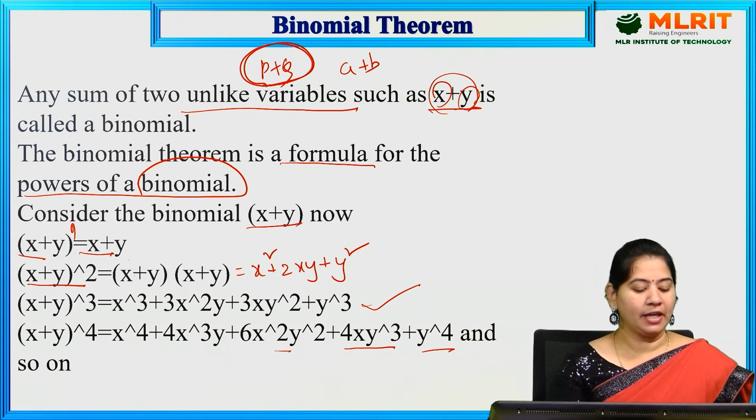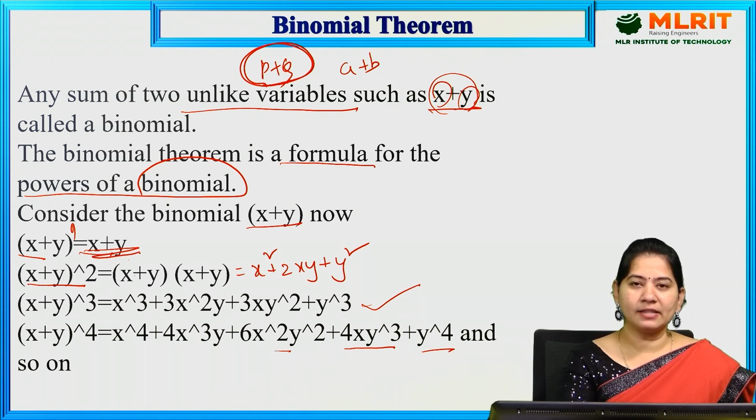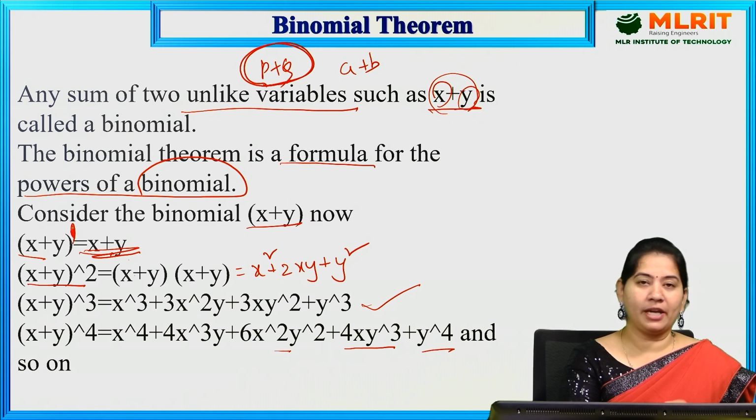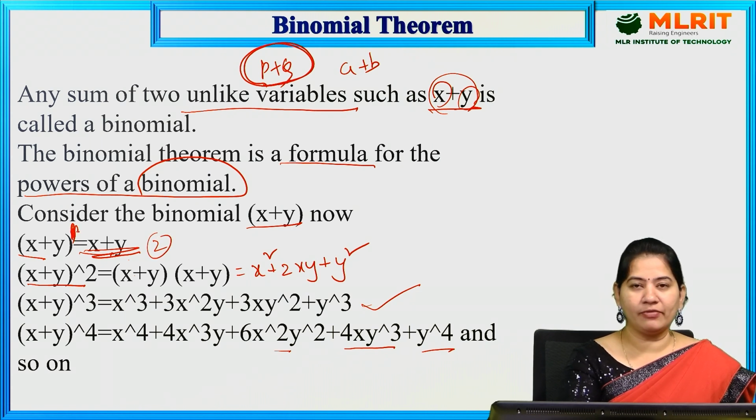Now if we observe carefully, the number of terms in the right hand side is always more than the power of the binomial. In the first one, x plus y, how many terms do we have? 2 terms. But the power of the binomial on the left hand side is 1. It is 1 more here. And in the second one, how many terms do we have? 3 terms.